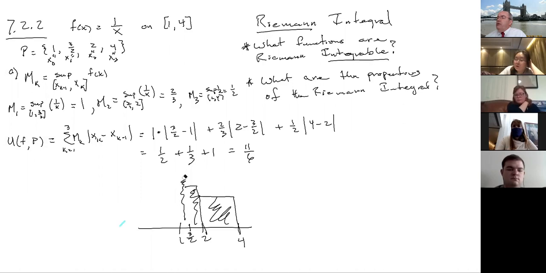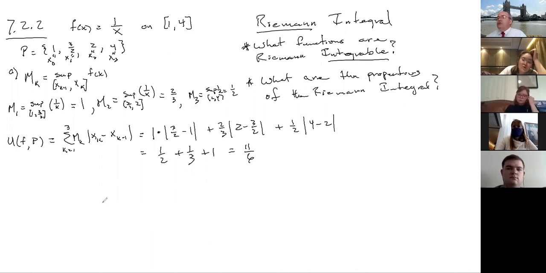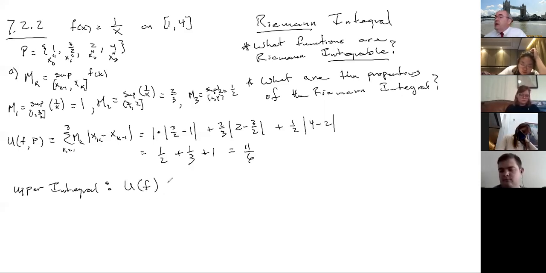what we are interested in is the real definition of the integral. We have these upper sums and these lower sums, and then what we do is we come up with the upper integral. And the upper integral, which the book uses U of f to denote, remember these are the upper sums, that's the infimum over every possible partition of our upper sums.